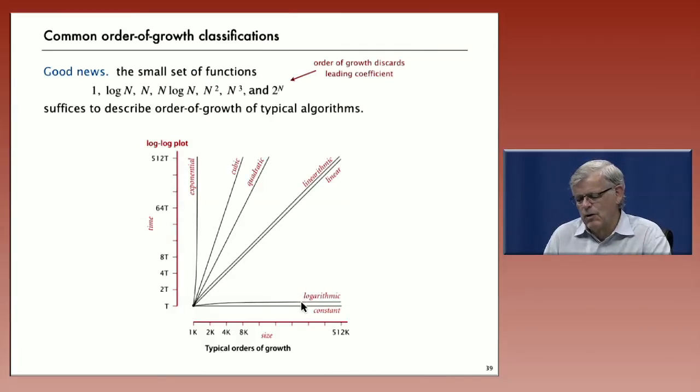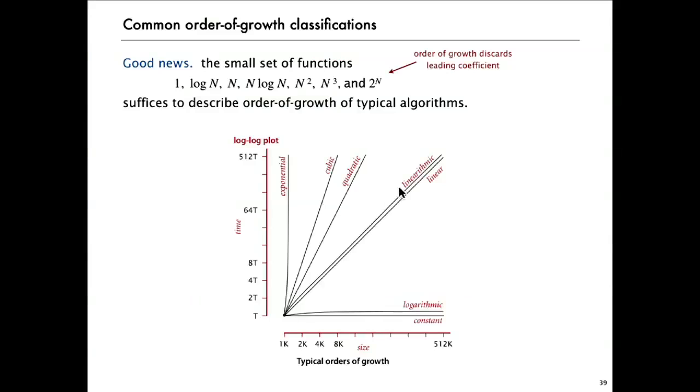If an order of growth is logarithmic or constant, it doesn't matter how big the input is, it's going to be fast. If the running time is t for, say, 1,000, then for 500,000 it'll be pretty close to t. If it's linear, if its order of growth is proportional to n, then as the size increases, the running time increases correspondingly.